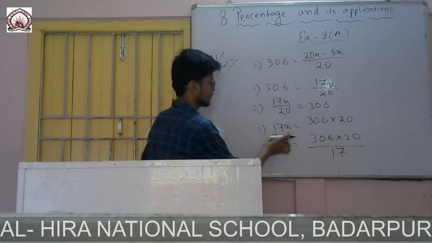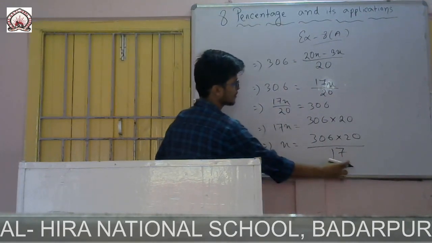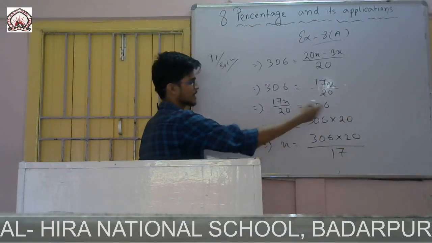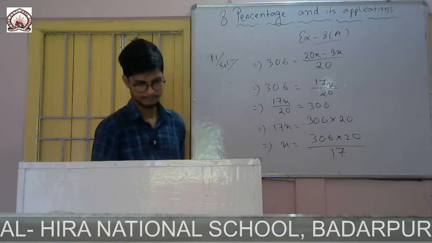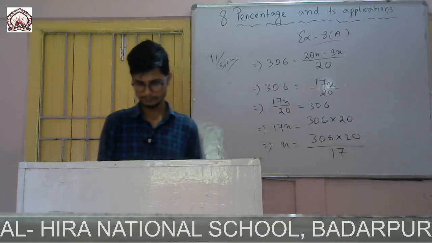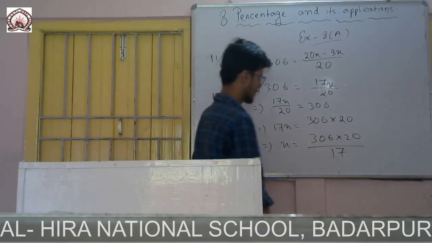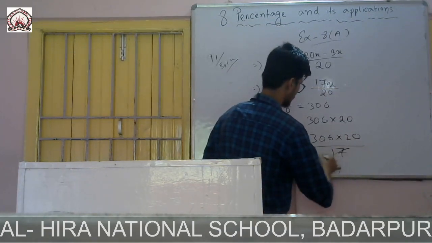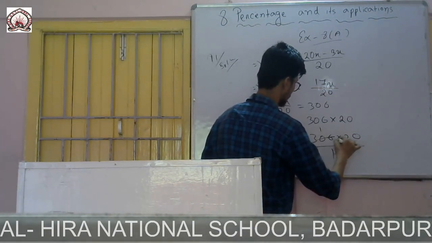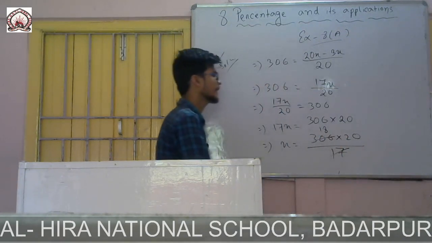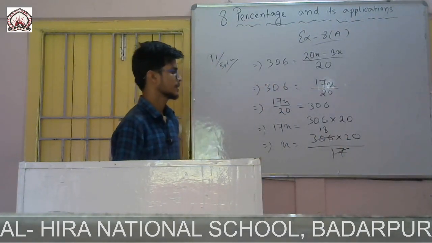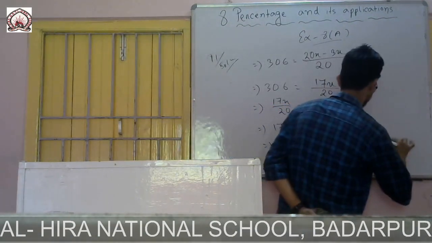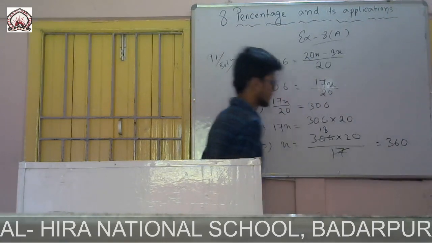This 17 will come to that side. Since here it is multiplied, if I transpose it, it will be divided on the next side. So 17 we can cancel with 306: 17 18s are 306. So 18 into 20: 18 twos are 36 and one 0, that is 360.